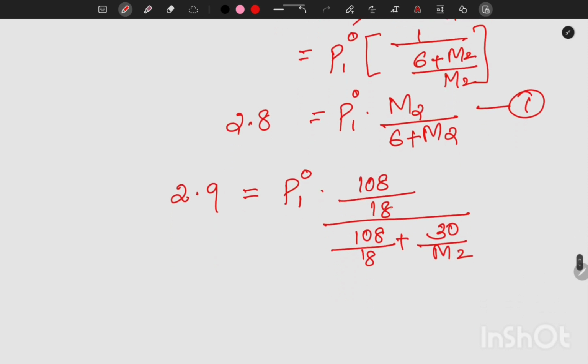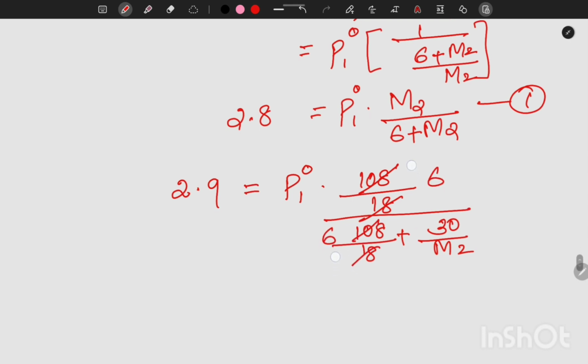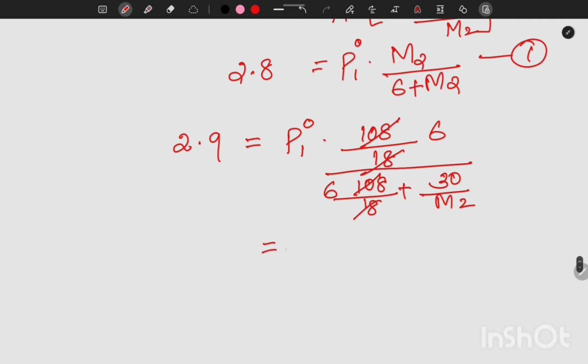So 108 by 18 when we simplify, we will get 6. Here also we will get 6. So we can take 6 common factor from numerator and denominator. So 6 by 6 into 1 by 1 plus 5 by M2.